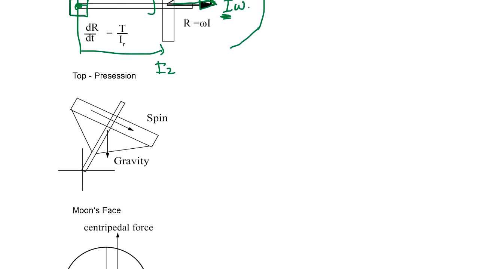This is the gyroscope. And the same thing happens to the top. It's called precession. What is precession? Precession is when you have a spin, so you have an I omega vector going this way. And if you add gravity, this length L gives a torque.